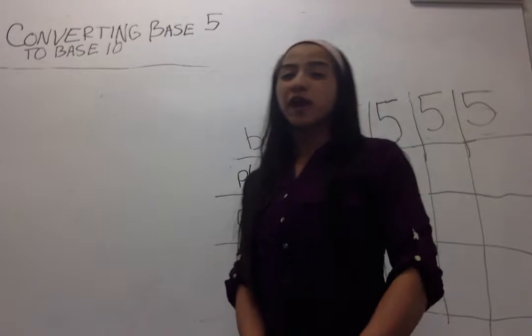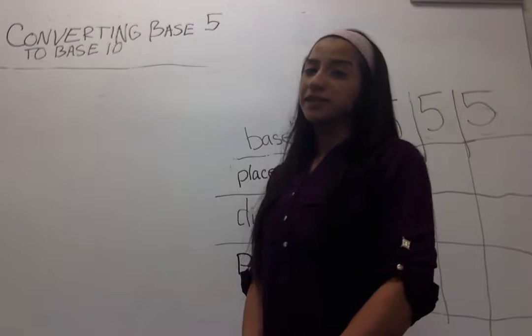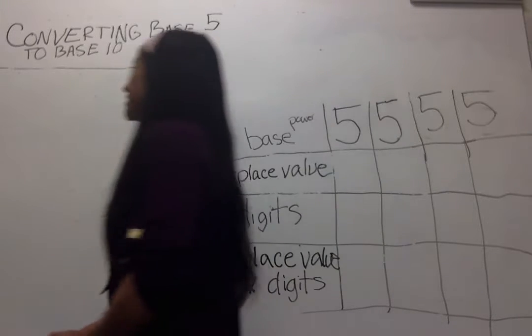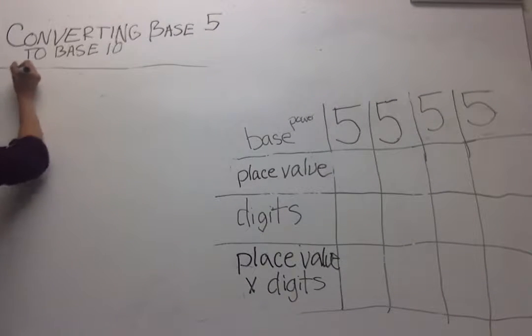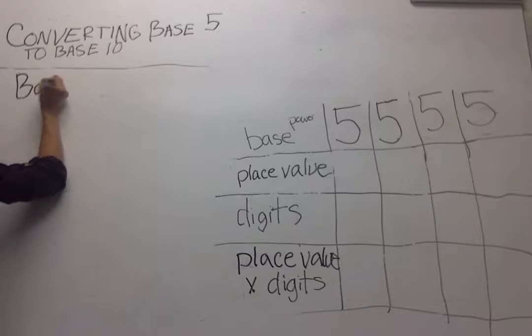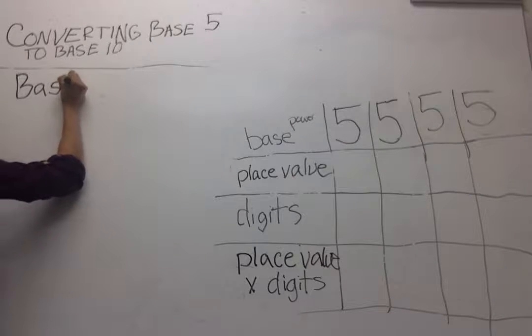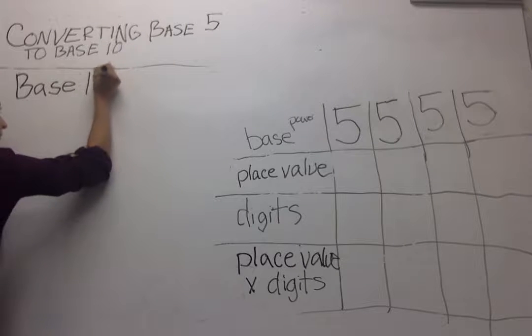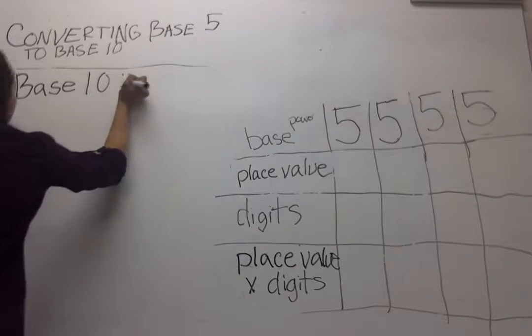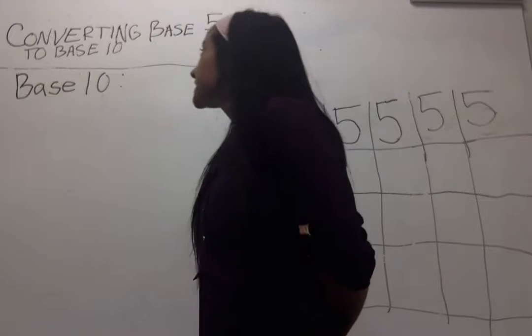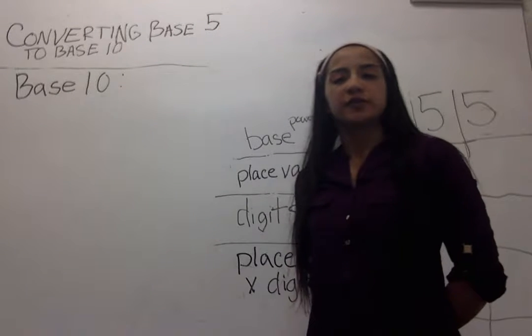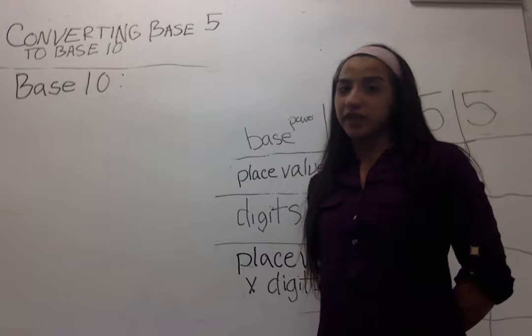So let's go ahead and pull out our math notebooks and write these definitions down. The first term I would like to go over is base 10. The base 10 system is what we use in everyday life to count things.